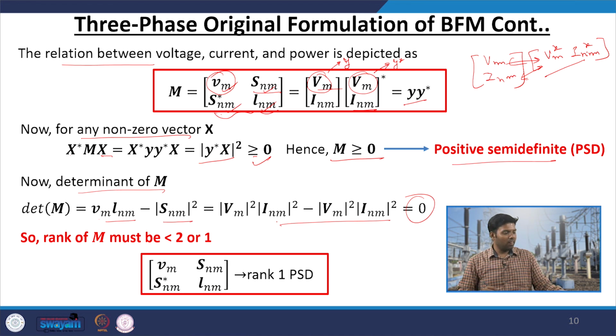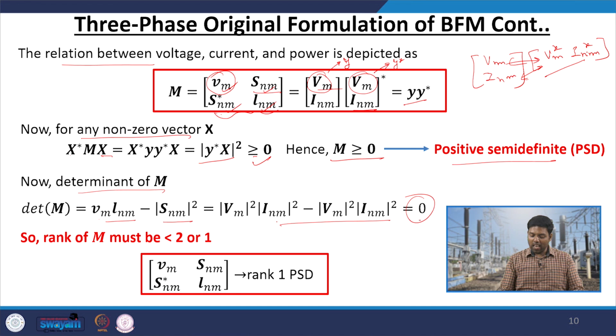What does it mean? It means that the number of linearly independent rows for that matrix is lesser than the actual number of rows present in that matrix. And the number of linearly independent rows in a matrix defines the rank of that matrix. So, here as it is 0, the rank of M can never be 2. It is always 1.